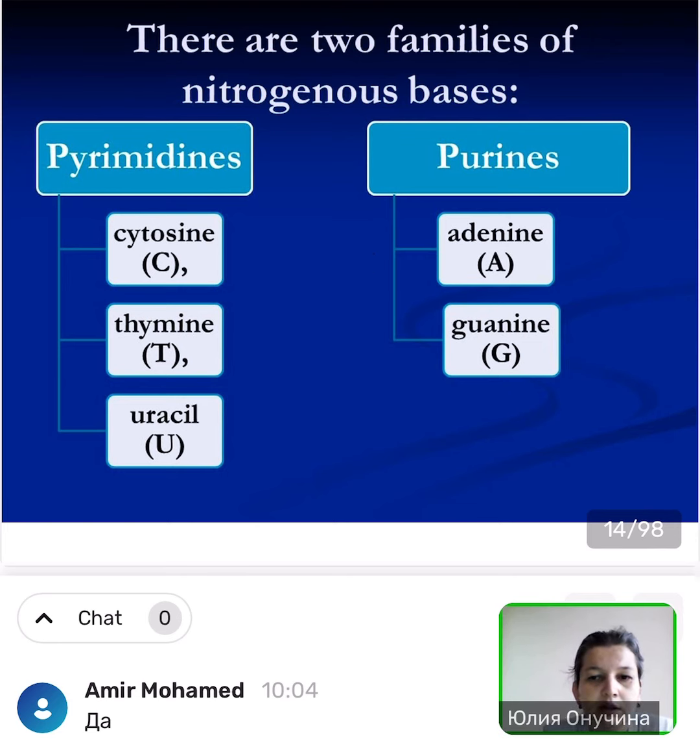So we know there are 2 groups of nitrogen bases: pyrimidines and purines. The first group is cytosine, thymine, and uracil. Thymine is only for DNA, uracil only for RNA. The second group is adenine and guanine.